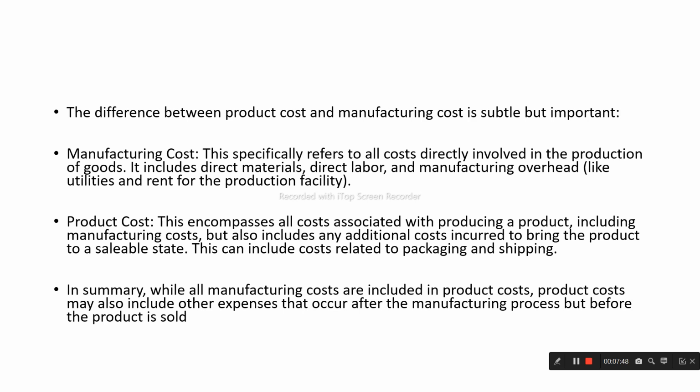Product cost encompasses all costs associated with producing a product, including manufacturing costs, but also any additional costs incurred to bring the product to a saleable state. This can include costs related to packaging and shipping. In summary, all manufacturing costs are included in product costs, but product costs may also include other expenses that occur after the manufacturing process but before the product is sold.